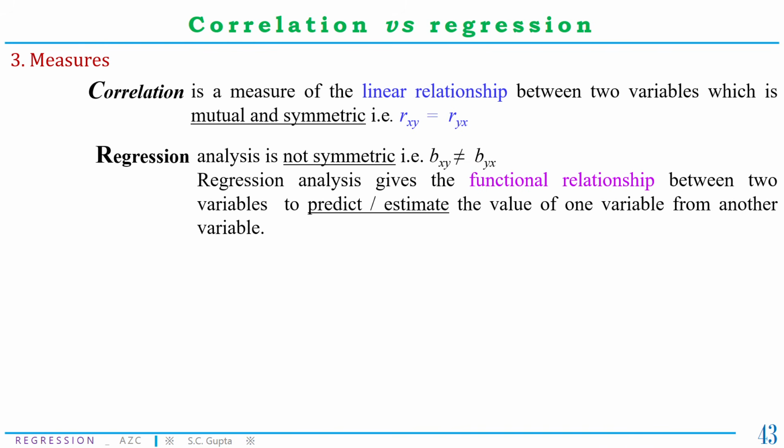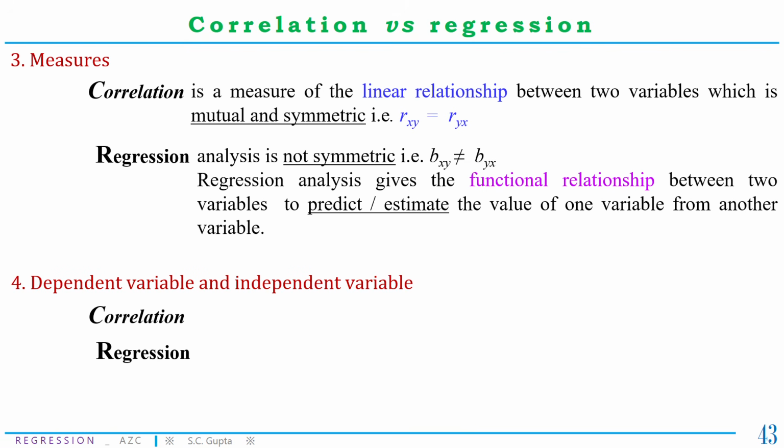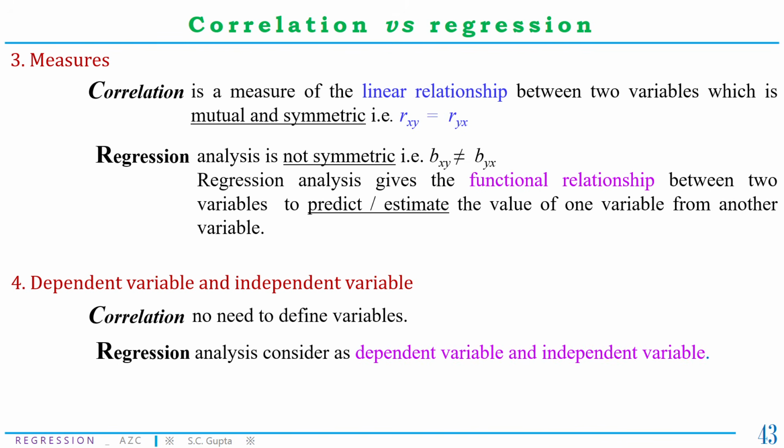Regression analysis gives the functional relationship between two variables to predict or estimate the value of one variable from another. Correlation: no need to define variables, while regression analysis considers a dependent variable and an independent variable.